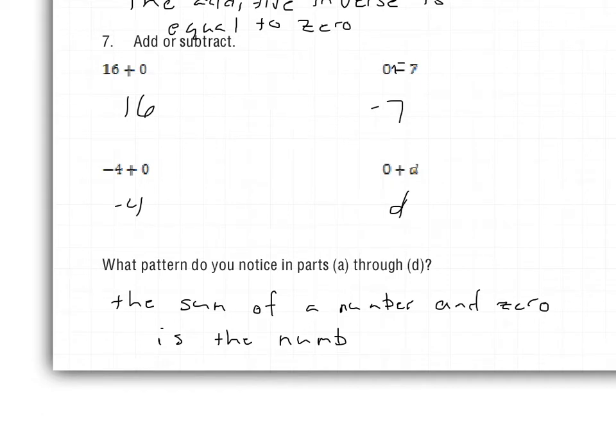And so this is the additive identity property of 0.